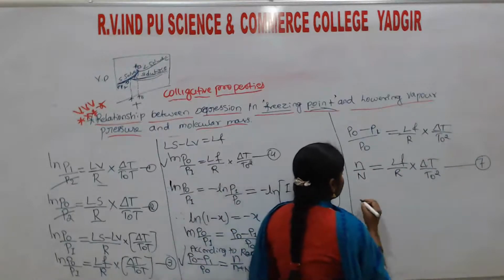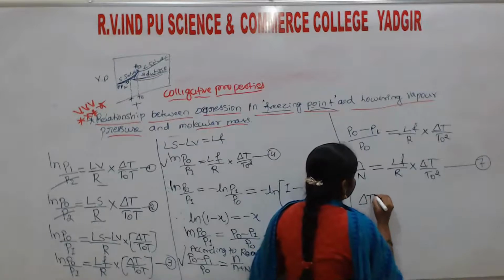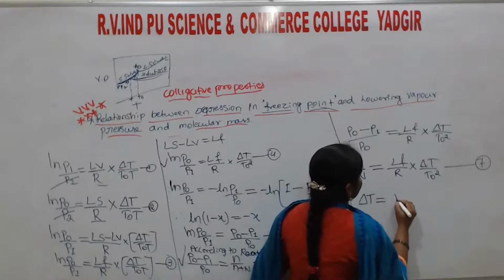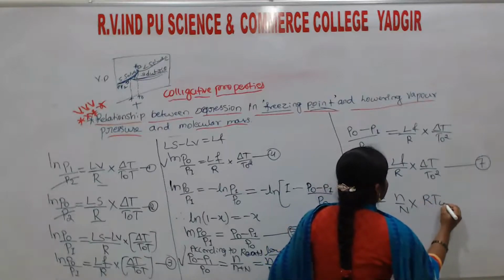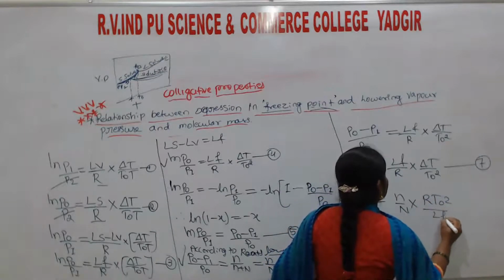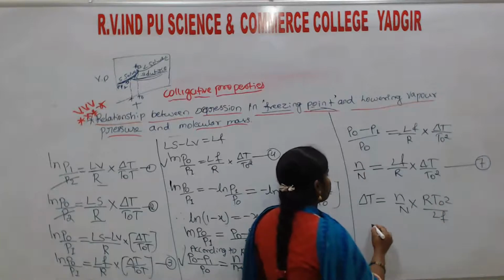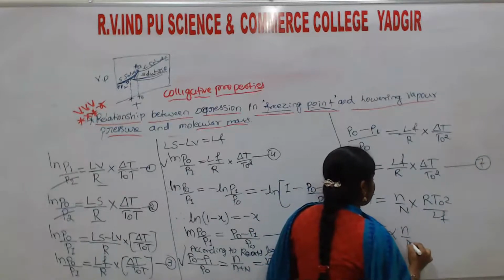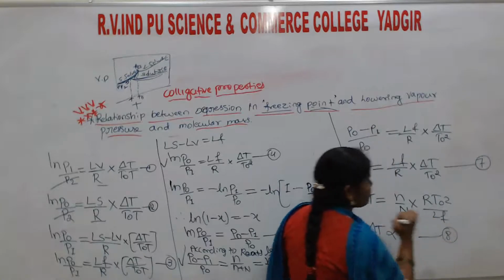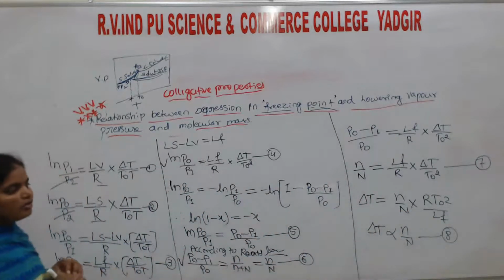And this side, delta T is equal to n by N multiplied by R T naught square divided by L. Here the delta T is directly proportional to n by N. This is equation number 8.